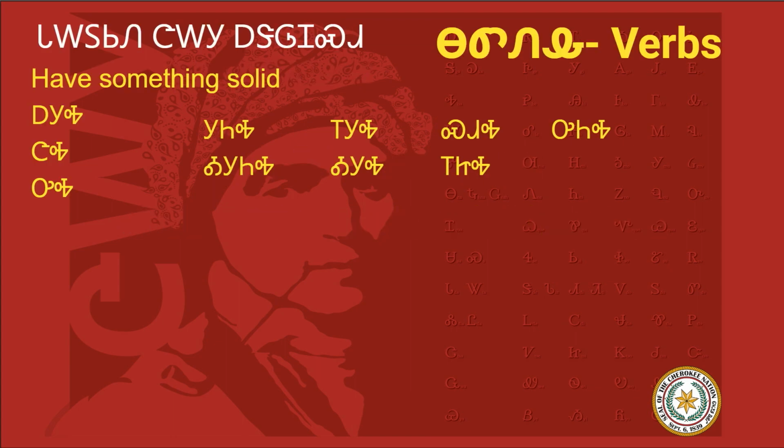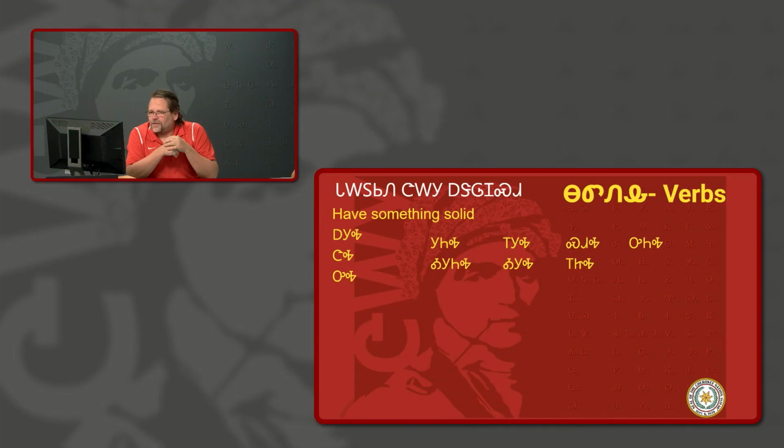So, really quickly, we're going to review the verb to have because it's a very good one to know. We've been looking at it right from the beginning of this Cherokee 4 class, and we will continue to do so.